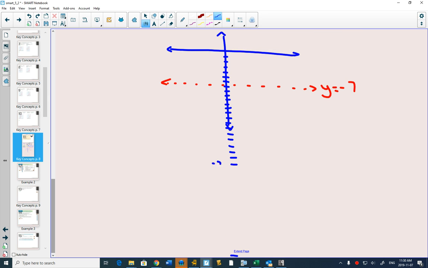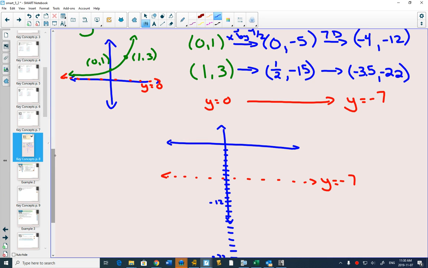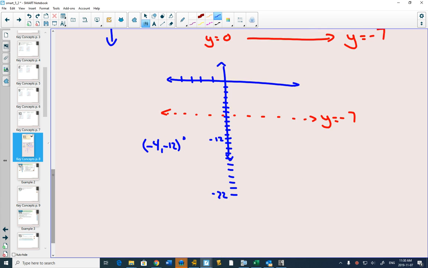Okay, I think this is at negative 22. 7, 8, 9, 10, 11, 12, negative 12. So we need to label the points negative 4, negative 12, and negative 3.5, negative 22.